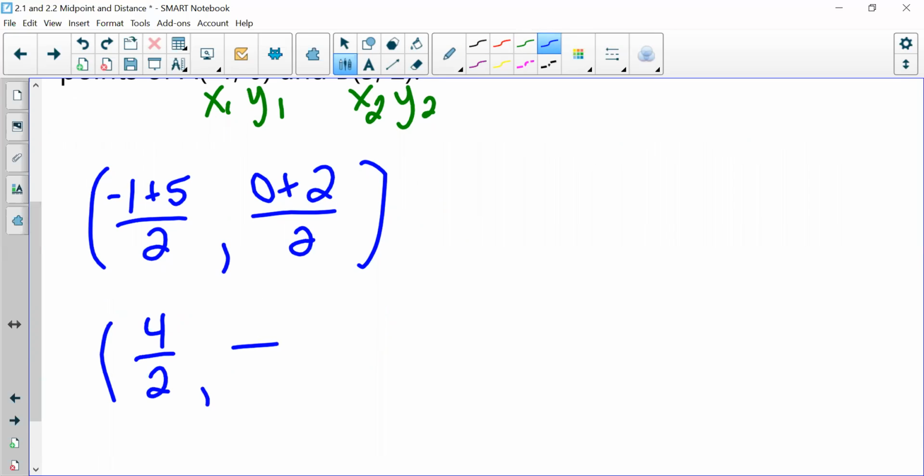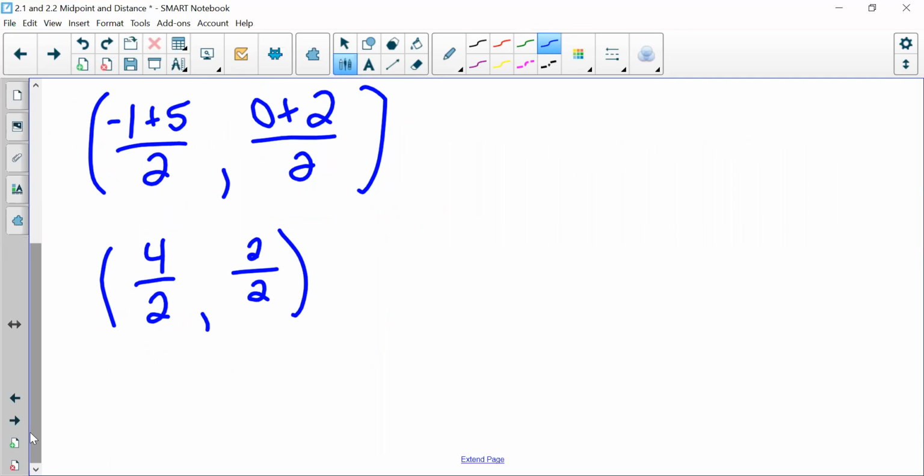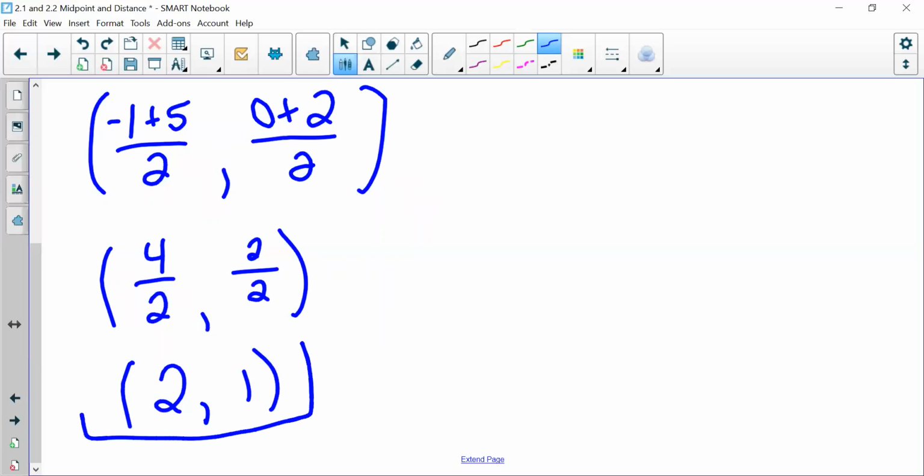And 0 plus 2 is 2. You do need to simplify the numerator before you do the denominator. So if you do that in one step on your calculator, please be very careful that you get the right answer here. You should get (2, 1) to be the midpoint. So 2 is in between -1 and 5, and 1 is in between 0 and 2. So that's midpoint.